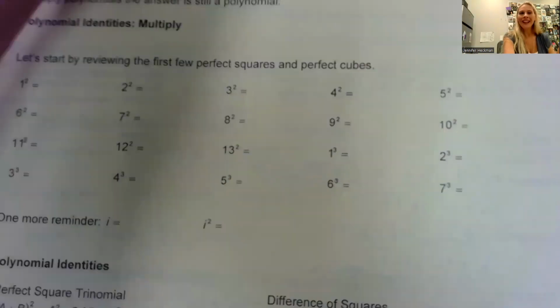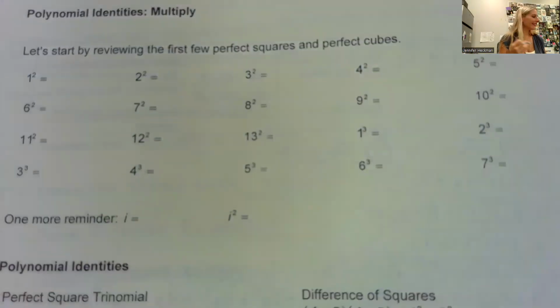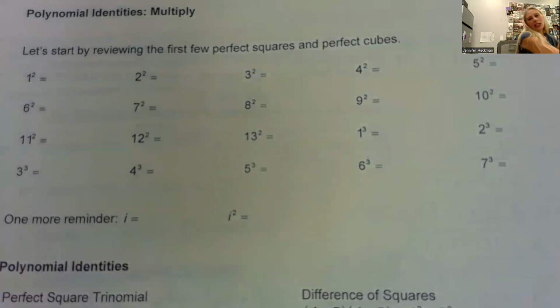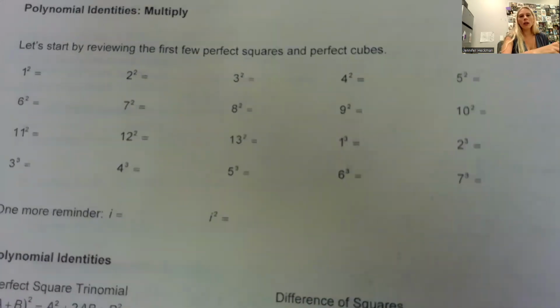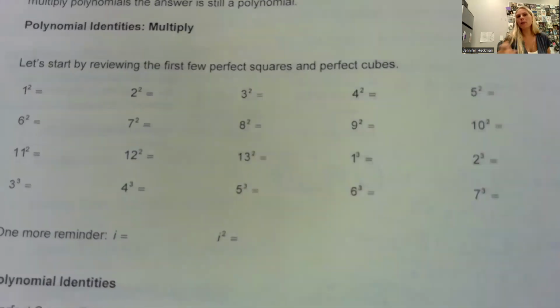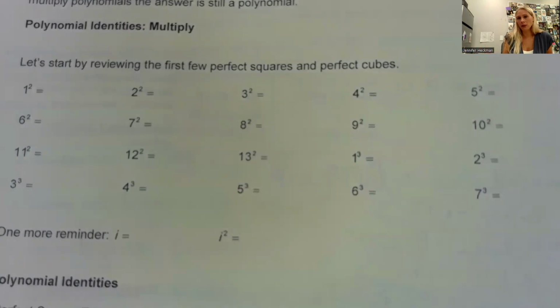All right. Next, in multiplication, sometimes there are some shortcuts. But the shortcuts are only with certain types of problems, okay? What they're called is polynomial identities.